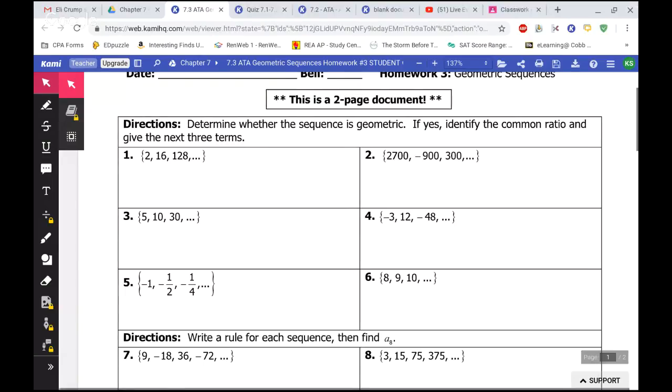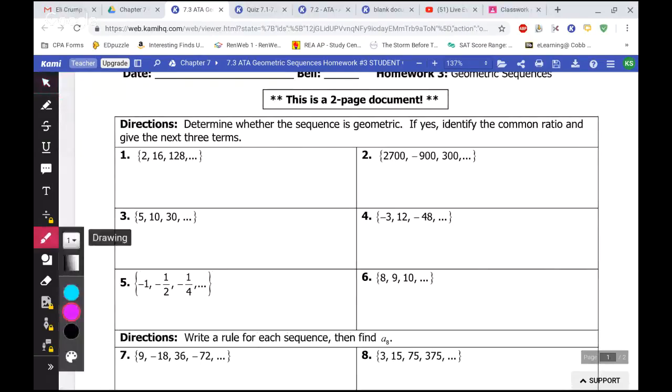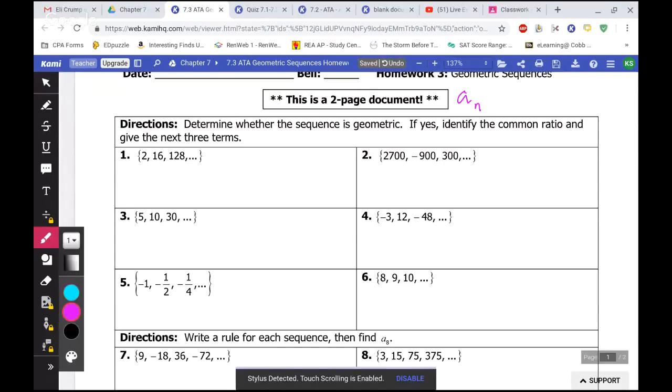The goal is A sub n equals the value of your first term, that's what A sub 1 means, times the common ratio, raised to the n minus 1.